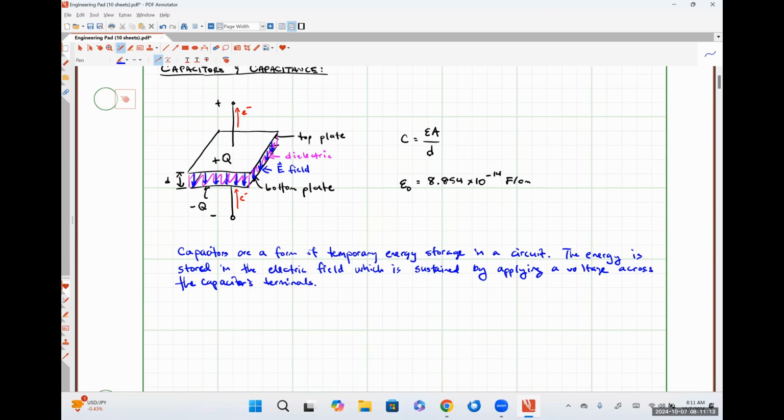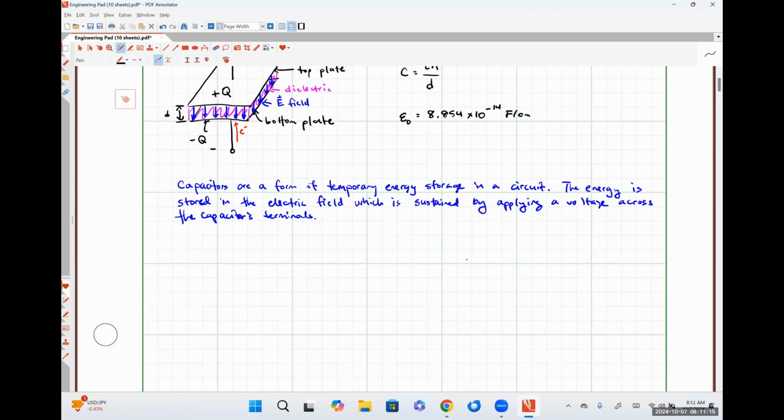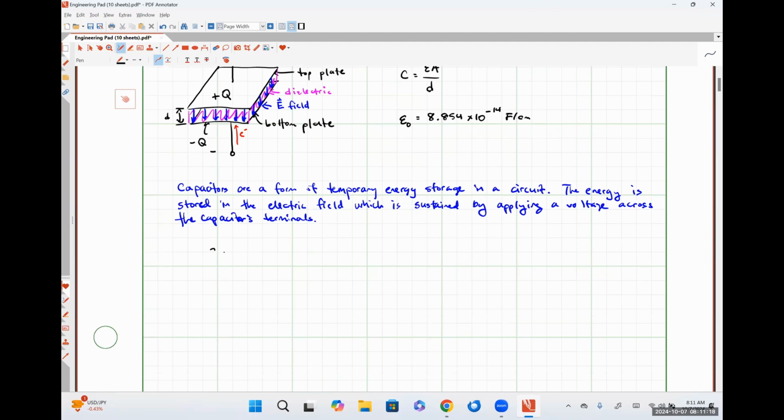So we are going to define capacitance mathematically, C, as simply the charge stored on one of the capacitor's plates divided by the voltage that's needed to move the charge onto that plate.